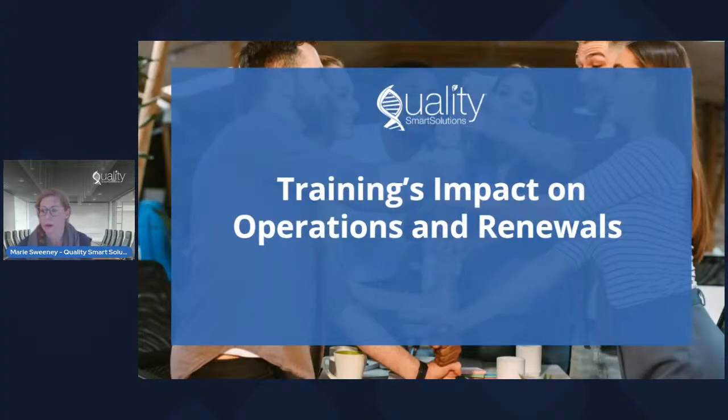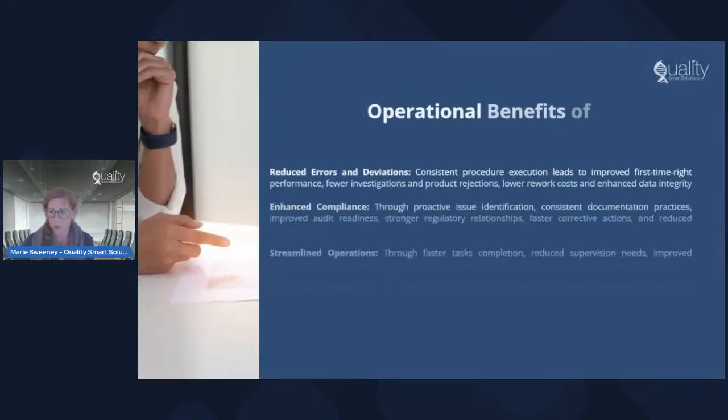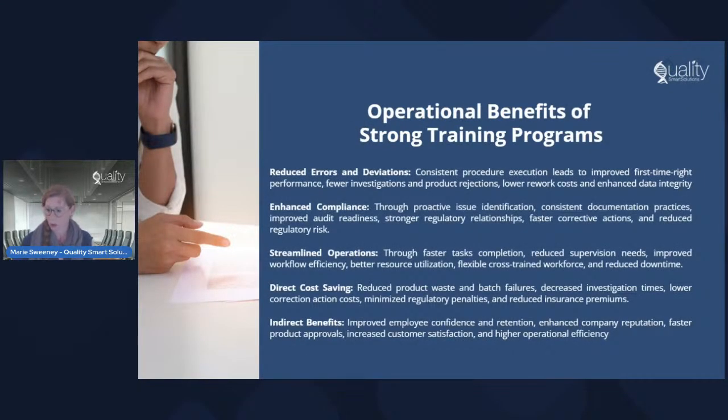Okay, so again, we're going to tighten this up. I have more to say, but we can talk about it individually. But if we are looking at the training's impact on your operations and renewals, some of the major benefits that we are looking at in a strong program are reduced errors and deviations. Consistent procedure execution leads to improved first-time right performance.